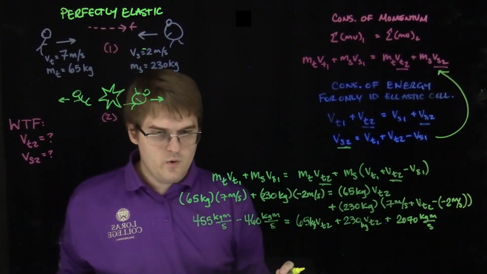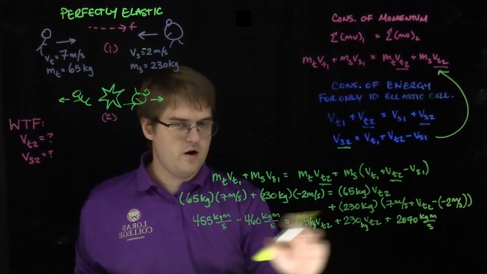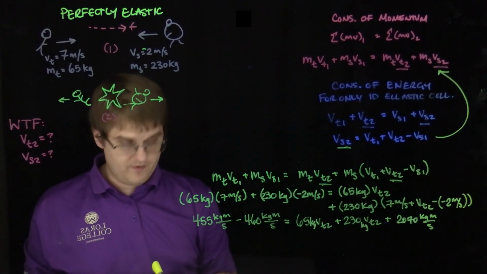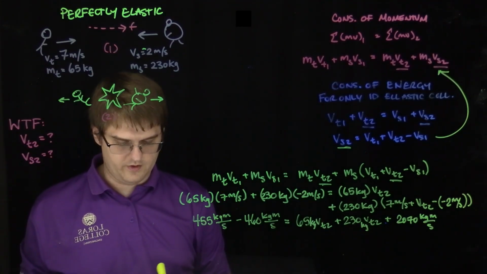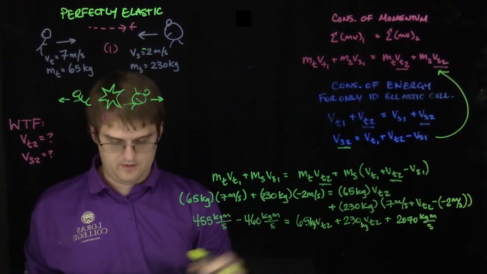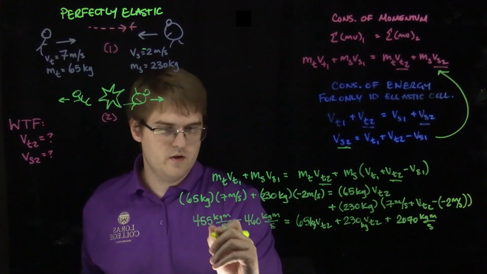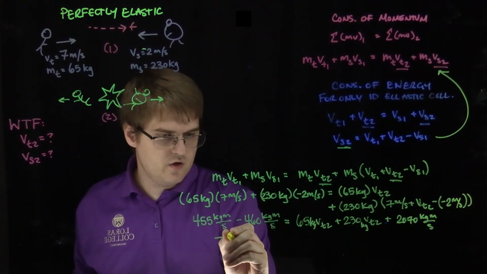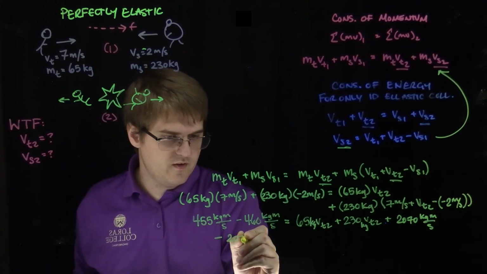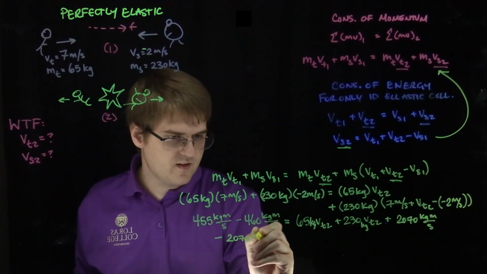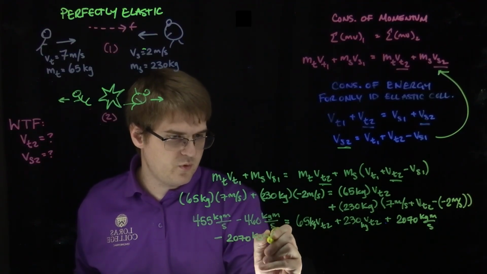So what I should be doing is 455 minus 460, that's going to be negative 5, minus 2070 is going to be negative 2070 kilogram meters per second.